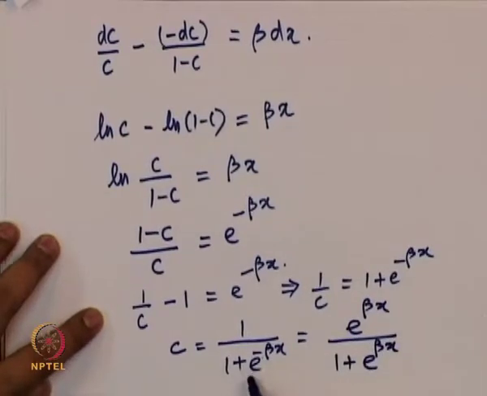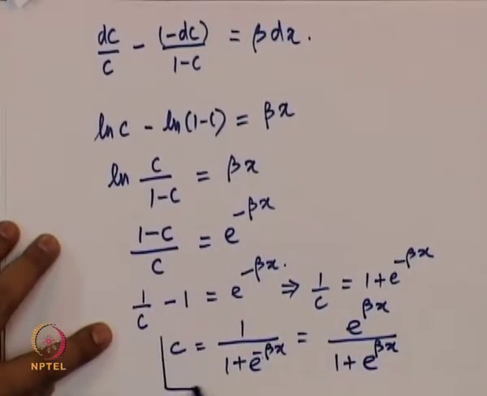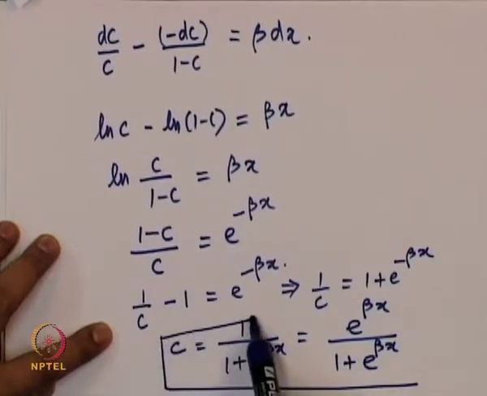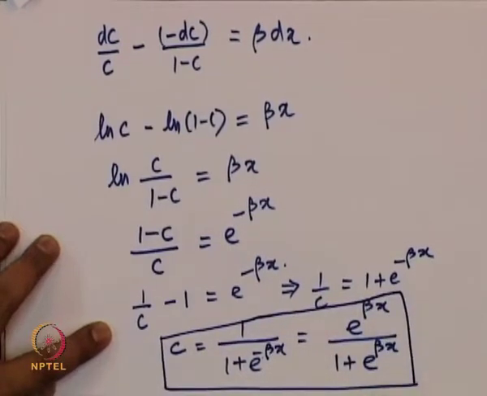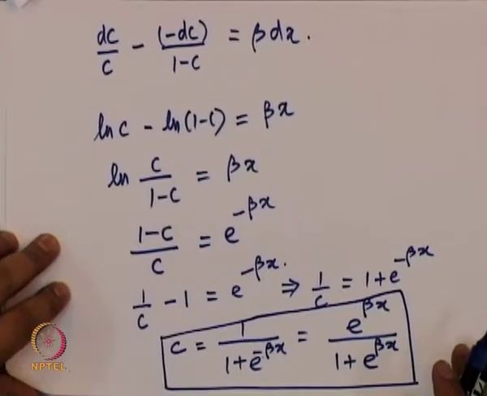So, there are two ways of thinking about it. You multiply by e beta x on the top and on the bottom. So, you will get e beta x plus 1 because e beta x into e minus beta x will become 1. So, we have found that the solution for the case that we are looking at is this.